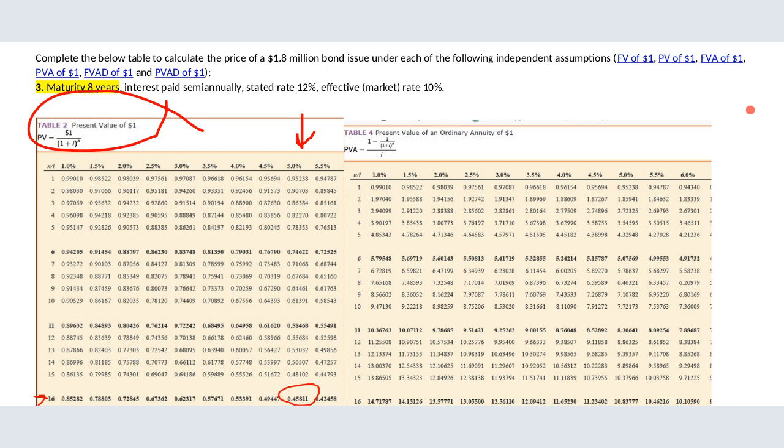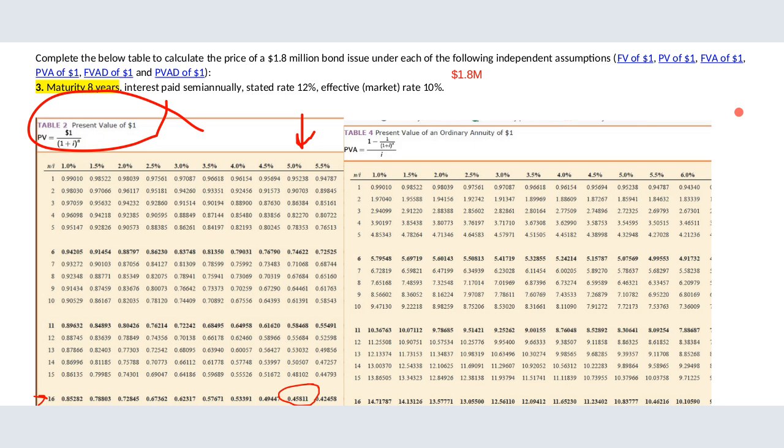We do that like any other calculation that we've done for interest. We're going to multiply by the stated rate, which is in accordance with the contract.